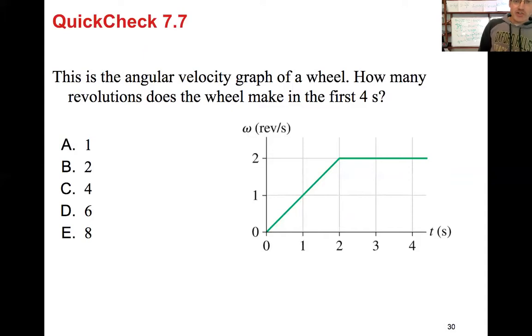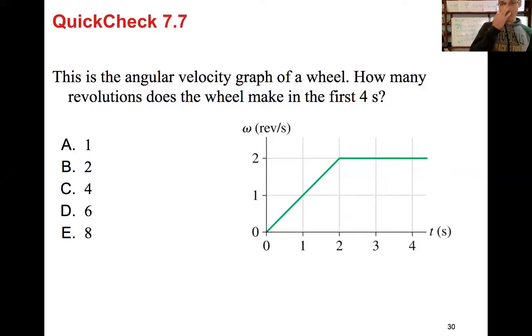All right, so here's a graph showing a wheel similar to this one, rotating around, and it's showing your revolutions per second and your time on the other side. You can see we do have an increase in your revolutions per second. So how many revolutions does the wheel make in the first 4 seconds?